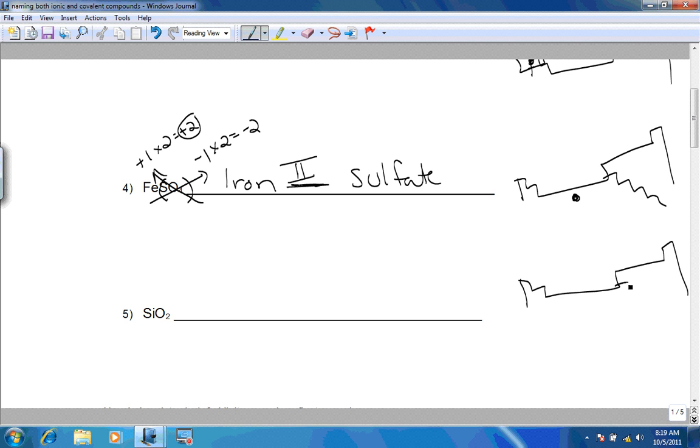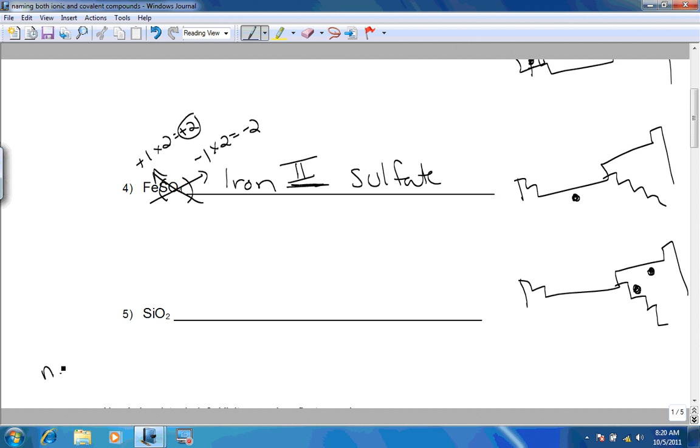Okay, silicon. Silicon is right here, and it's going to behave as a nonmetal in this circumstance. So we have silicon oxygen. We have 2 nonmetals. That means that they are going to form covalent bonds, which means we're going to use the naming rules for molecular, which means we're going to use prefixes.